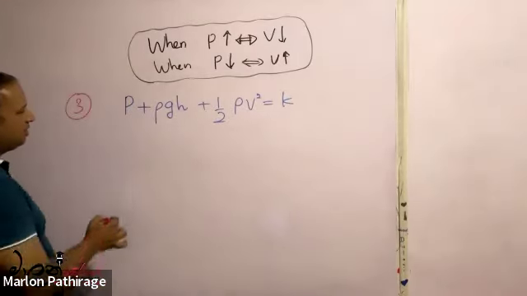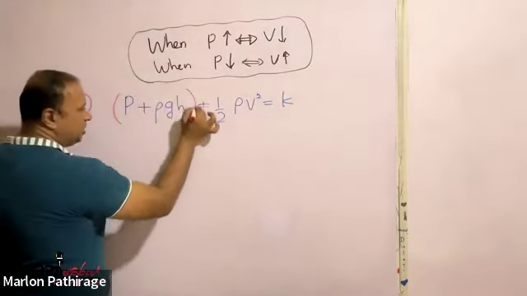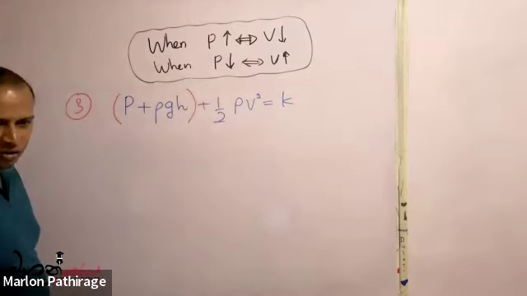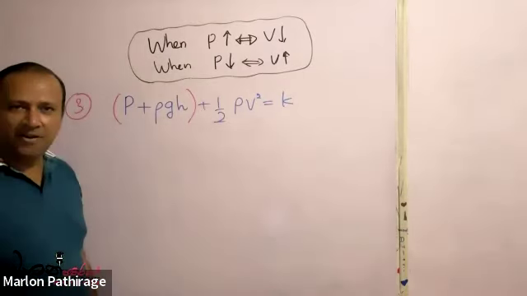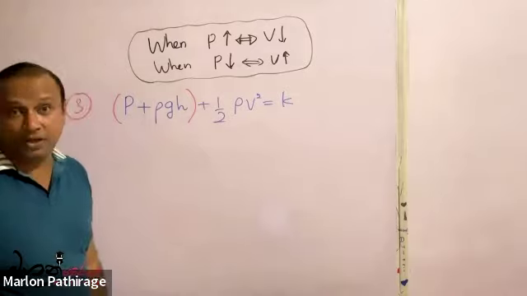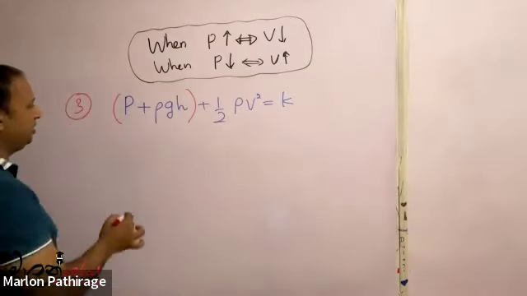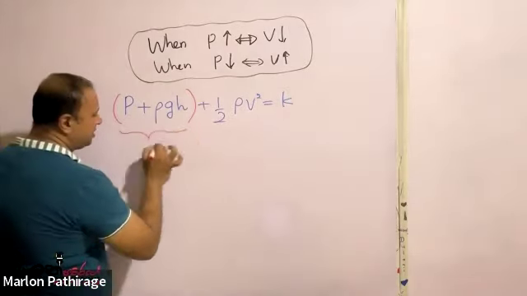In this equation, this part, pressure plus h rho g, or rho g h, is called the static pressure.